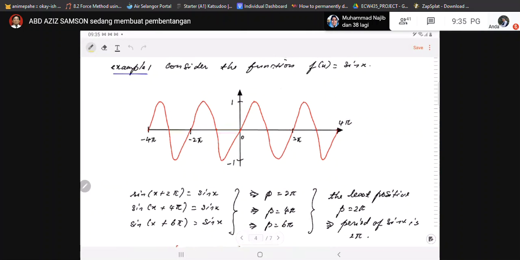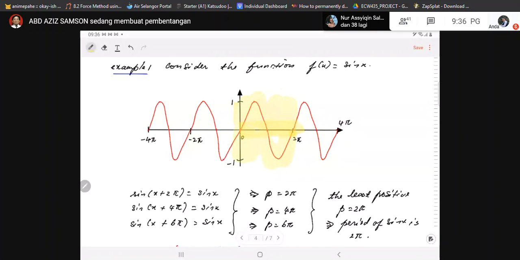If we look at f of x as sine x, this is the graph of sine x. You can see that one complete cycle is from 0 to 2 pi, and the function is being repeated over and over again.